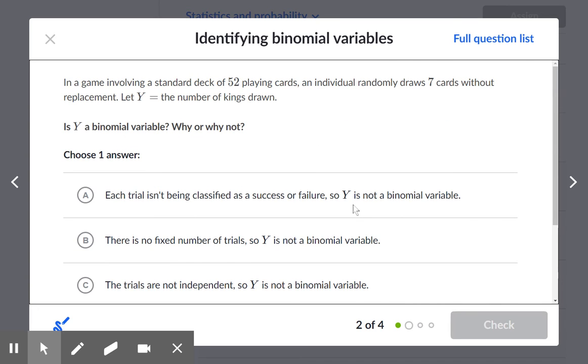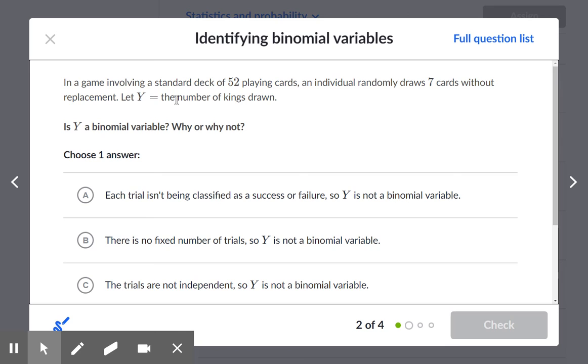Let's look at another question. In a game involving a standard deck of 52 playing cards, an individual randomly selects 7 cards without replacement, right? You do not replace those 7 cards. So if you draw 7 cards out, there will be only 45 cards left.